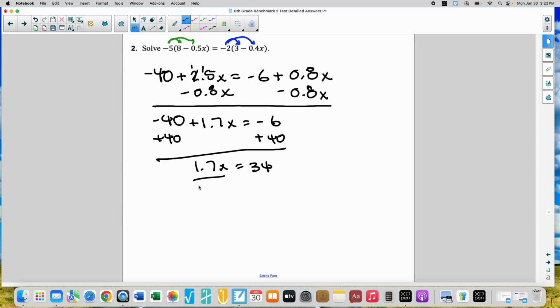We'll divide by 1.7, divide by 1.7, x equals 34 over 1.7. We can move that decimal point over one place, so you get 340 over 17. And 17 goes into 34 2 times, so that's 20. So the answer to number 2 is going to be 20.